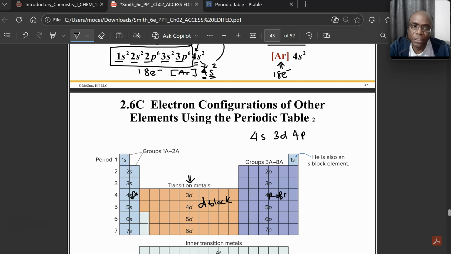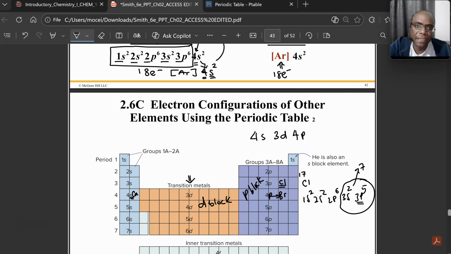Now, if you take chlorine, for example, with atomic number 17, you go 1s2, 2s2, 2p6, 3s2, and then 3p5. So chlorine is right here. You see it's a 3p element, it's a p block. So chlorine is a p block element. And the valency, 2 plus 5 gives you 7 electrons.